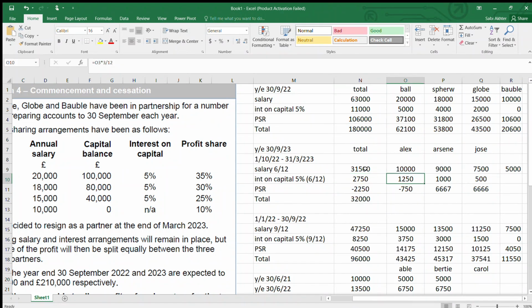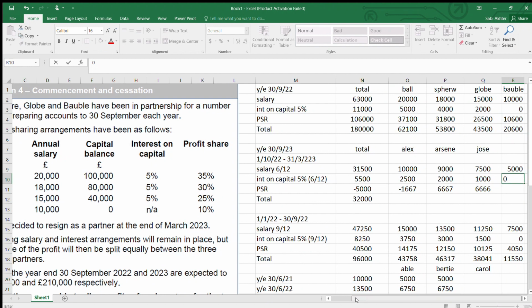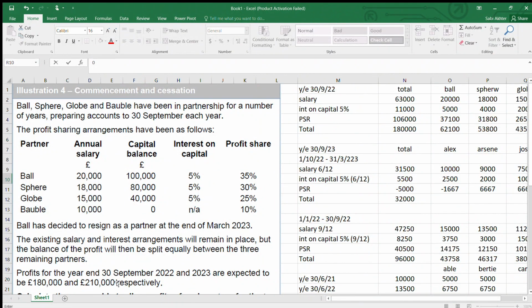Then interest on capital is 5,500, 2,500, 2,000, which is basically half of the interest on capital that you have calculated just here, half of all these figures, 1,000 and 0. Then 6 months of 10,000, because for year end 30th September 2023 the profit is 10,000. So you have to take 6 months only.